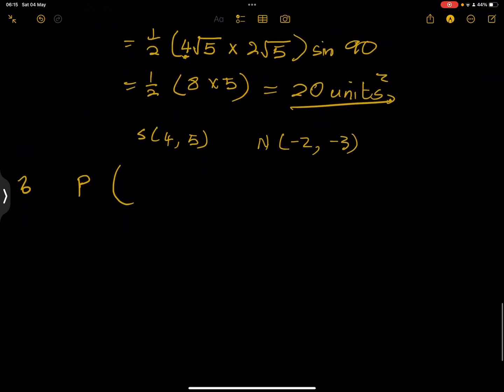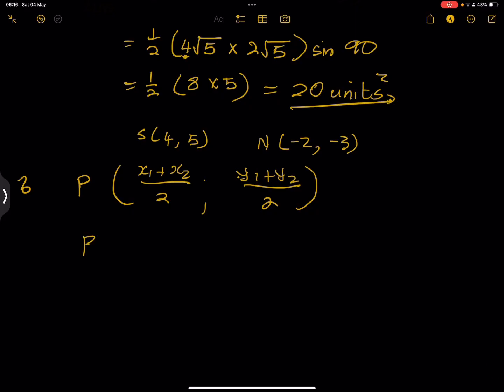So in this case, the midpoint, remember our midpoint formula, is y2 plus y1 over 2. I started with the 1 here, so let's just keep it consistent.